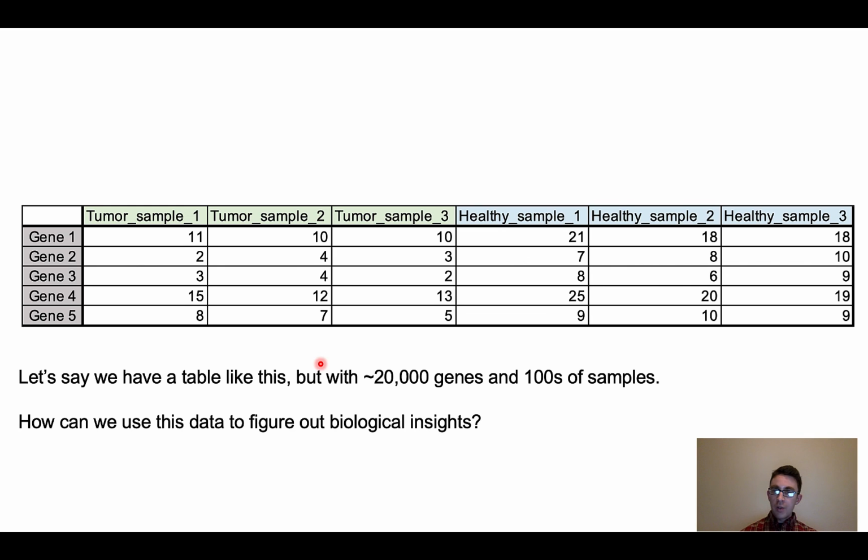Now, our challenge and the point of this tutorial series is, what do we do if we have a matrix like this, except instead of 5 genes, it's 20,000 genes, and instead of 6 samples, it's hundreds of samples? When we have that kind of really big data set, how do we make sense out of it? How do we actually use that data to come up with some kind of biological insight about what's going on?